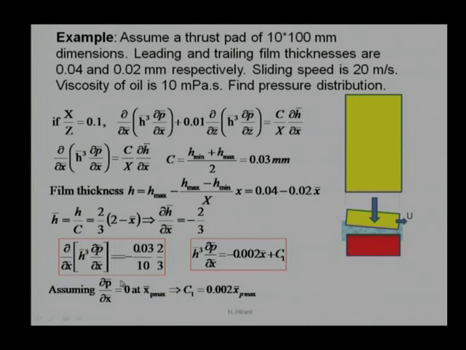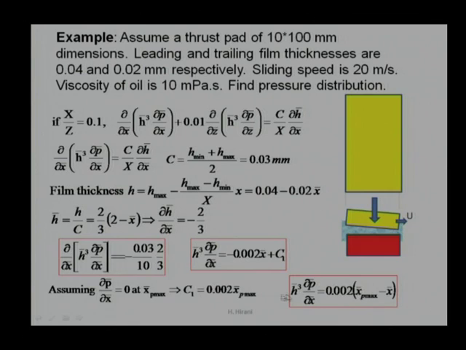Using that condition, assuming this gradient is equal to 0 at x bar p max, which we have given as a symbol in the nomenclature for the location of maximum pressure, that gives the value of C1 in terms of this location. We know this is a constant value, it can be further integrated without much problem. When you substitute this value, we get this expression.